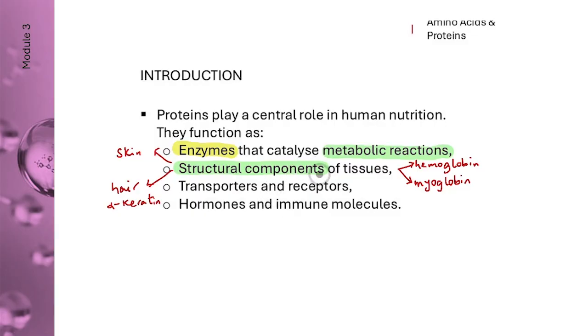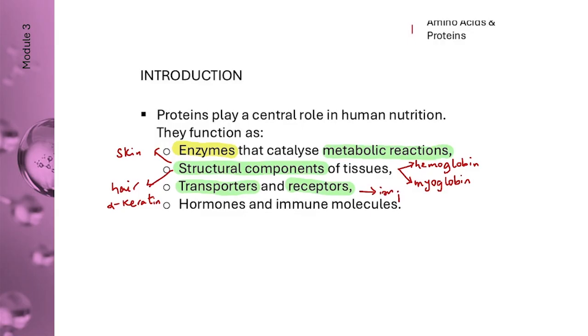Okay, so in that sense, proteins play a structural role, but we also see, in fact, at the cellular level, a very important aspect of proteins: transporters, receptors. So we've been looking at all the transporters, we've been looking at different receptors, we've been looking at ion channels.